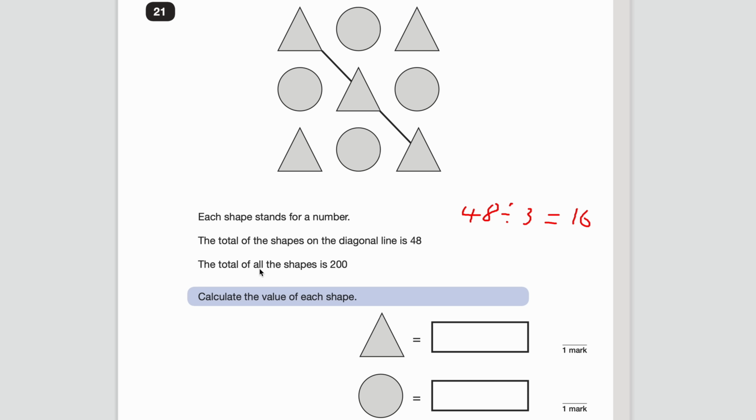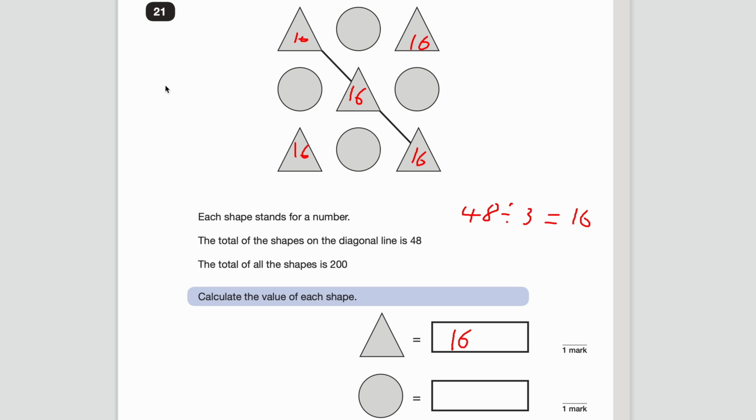So it now says the total of all the shapes is 200. So we know the triangle is 16. So how are we going to work out the circles? Well, 200 is the total for all of these shapes added together. So if we just subtract all the triangles, we can work out what the circles are worth. So we know that each triangle is 16. So I'm going to write that on there so I don't forget. So 200 subtract 5 lots of 16.